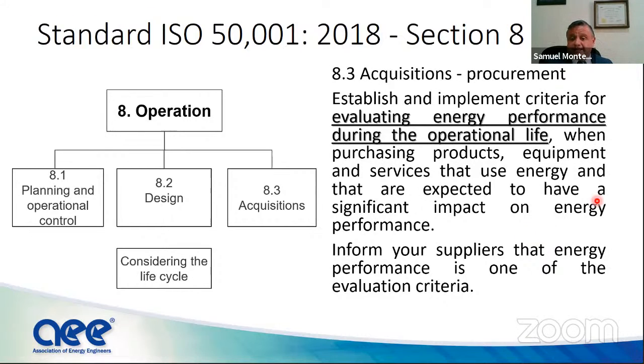Inform your suppliers that the energy performance is one of the evaluation criteria. We have a standard that says the evaluation for energy performance for the product, services and energy.